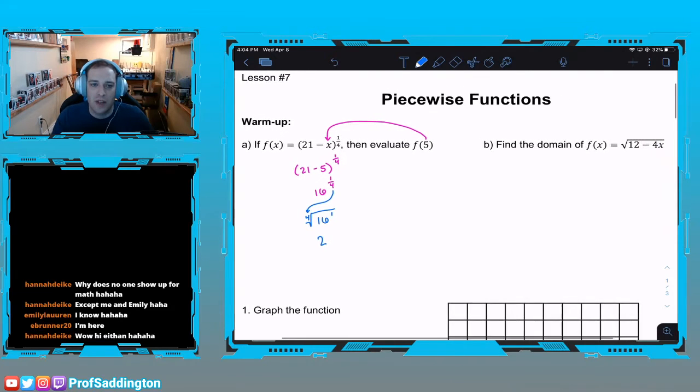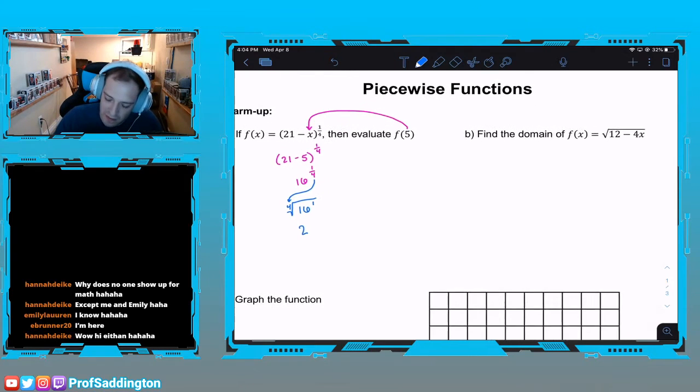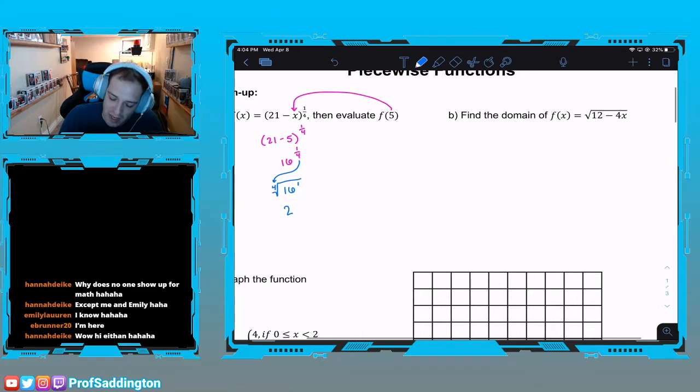The next one's talking about domain, which would have been like the last question we did on the lesson 6 notes. When you're doing the domain of a radical, you have to remember that domain is the x's.